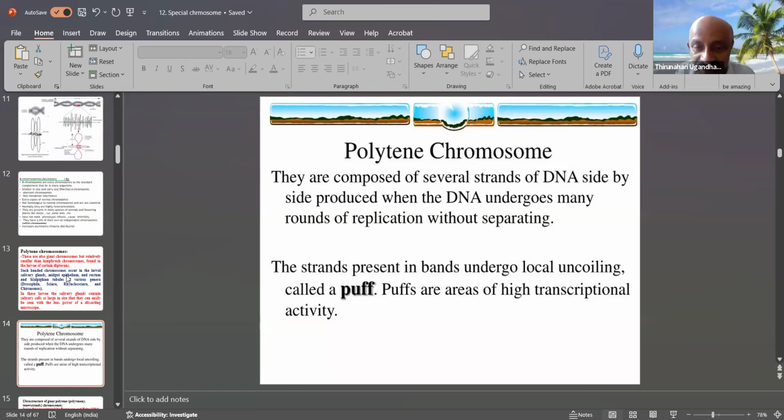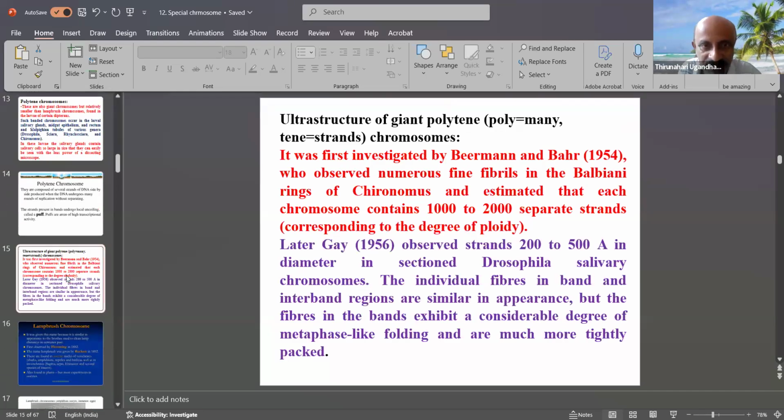The strands present in bands undergo local uncoiling called a puff. These puffs are areas of high transcriptional activity. Puff means uncoiled; the coiled and uncoiled parts are both present here.